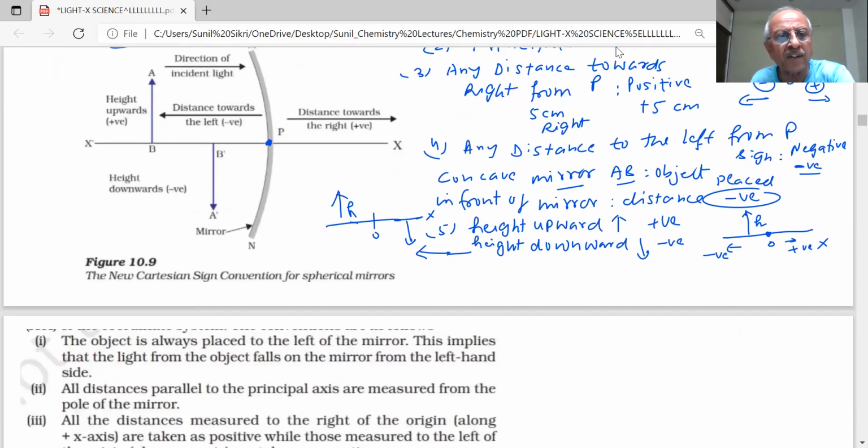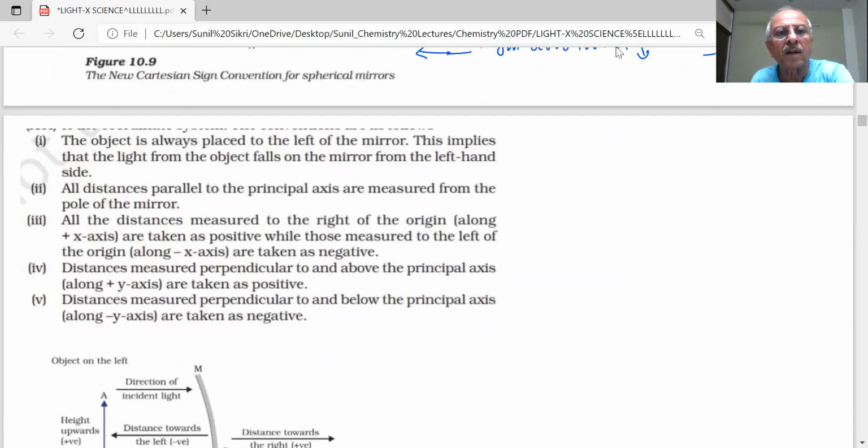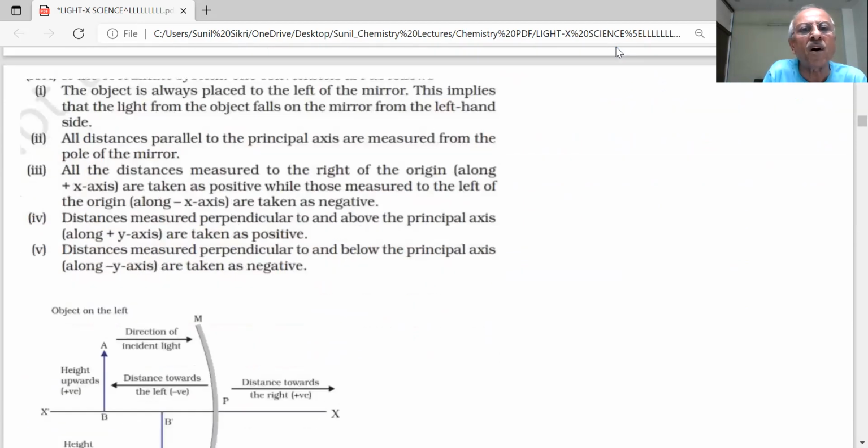Further, students, what we are saying. The object is always placed to the left of the mirror. Is it correct? Tell me yes or no. Are you always placing the object towards the left of the mirror, whether it is concave or convex? This implies that light from the object falls on the mirror from the left hand side.